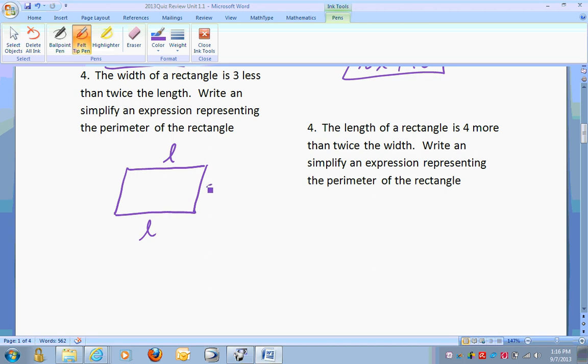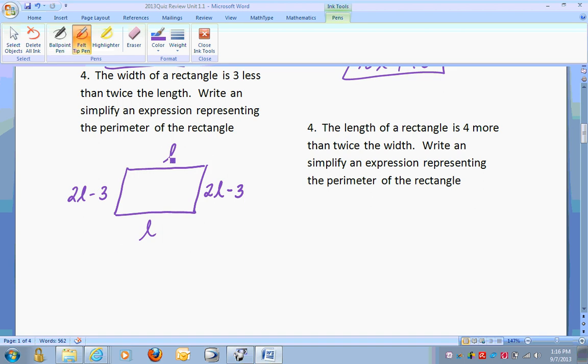So the way I represent twice the length is 2 times L, and then 3 less means I'm going to subtract 3. So I label both my widths as 2 times the length minus 3, which again is the same thing as saying 3 less than twice the length.